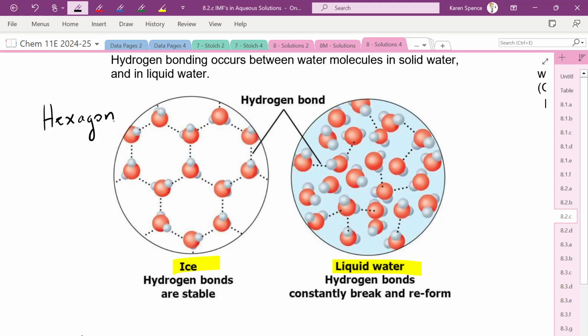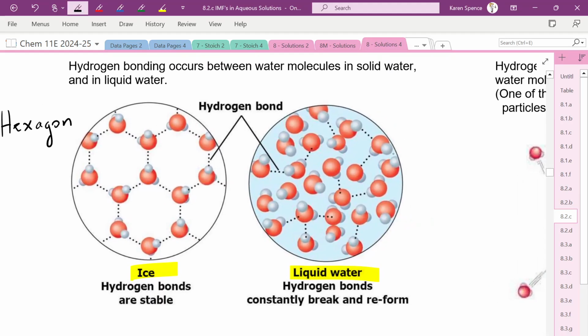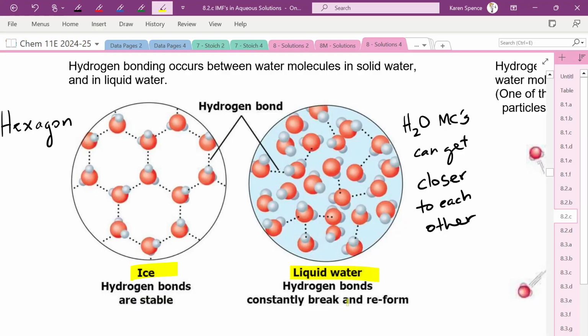Yeah? You'll notice with liquid water, the H2O molecules are closer. And in water, those hydrogen bonds are constantly breaking and reforming.